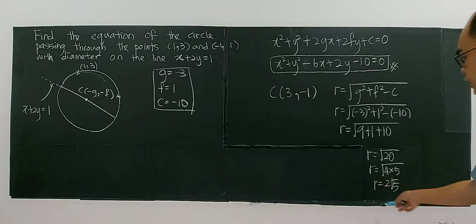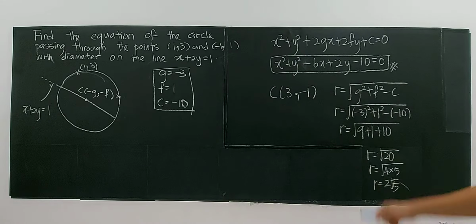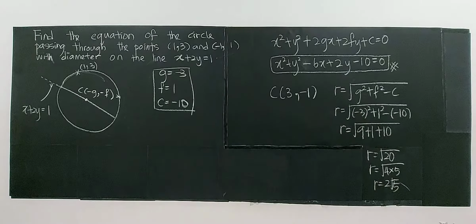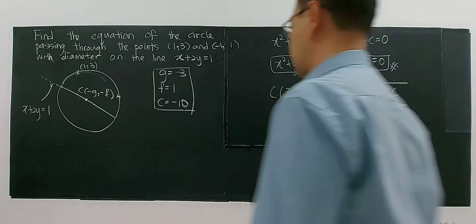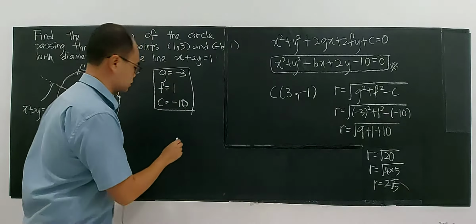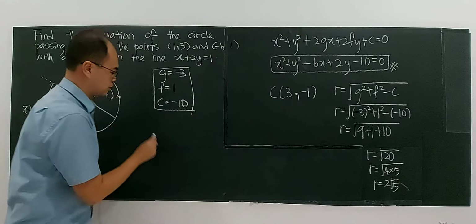So you can find the radius and the center of the circle. Or if they want the standard equation of the circle, you can just write it, because you already know the center and the radius.